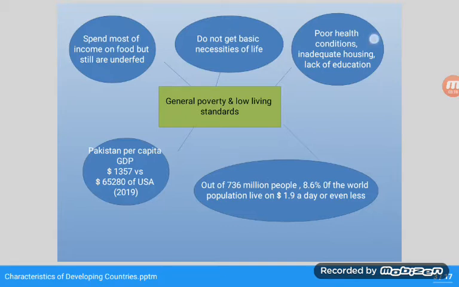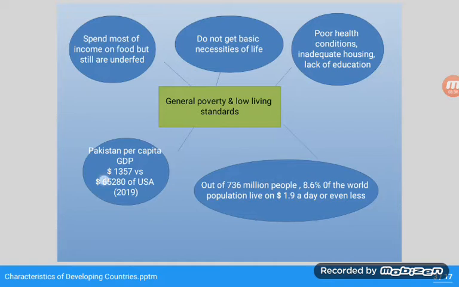And other necessities of life include good health conditions, good housing conditions, access to education. But since they are poor and they spend most of their income on food, they miss out on all these points. They have poor health conditions, their housing situation is very inadequate, and they generally either lack education or do not have access to education.